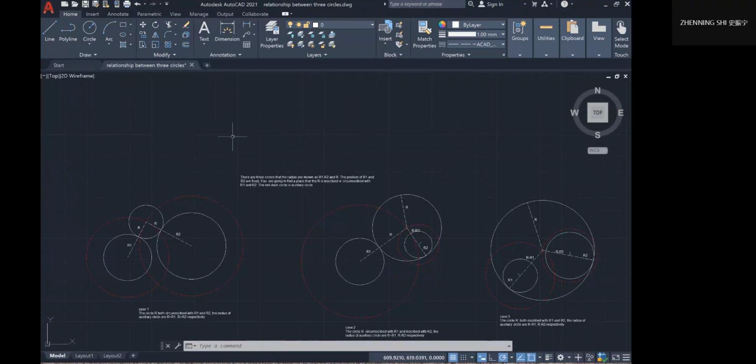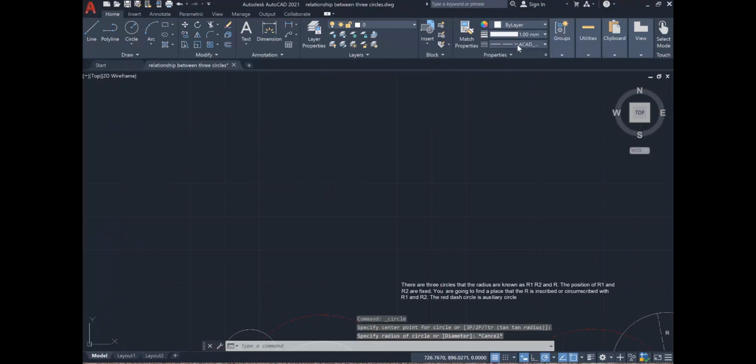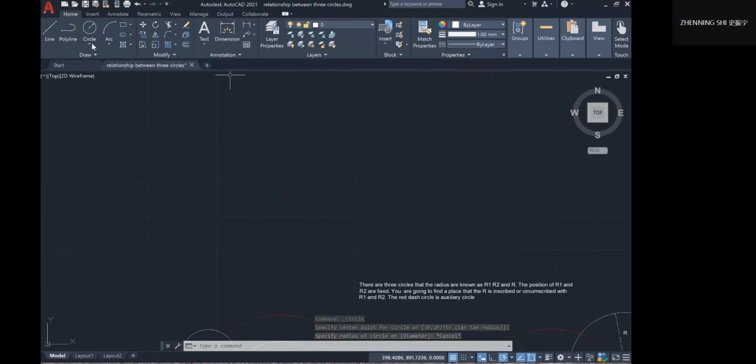So I will do that with you. So at first, I will give you an example. At first, if you have a circle, that radius is 10. I'll change the shape of the circle. 10.